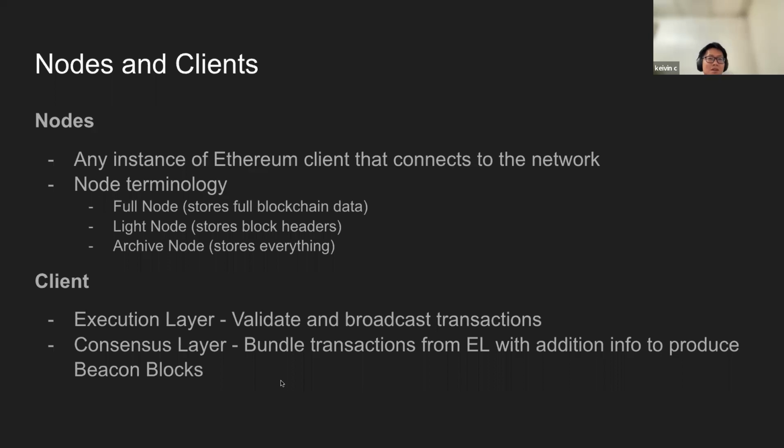To summarize, the execution layer validates and broadcasts transactions, and the consensus layer bundles the transactions from the execution layer, EL, with additional information into beacon blocks. After this step, if you were to run a validator node, you would actually propose these bundled blocks.